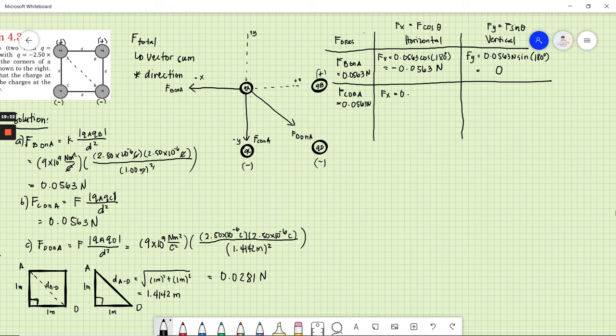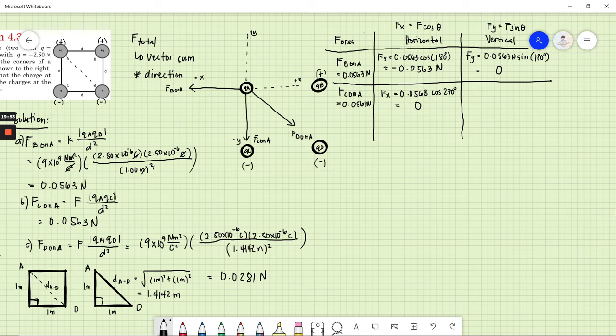If you look for cosine 270 degrees, that's actually 0. Cosine 270 degrees is equivalent to cosine 90 as well. That's 0. 0 multiplied by 0.0563 newtons, which is the magnitude of FC on A, will give you 0. And that makes sense because we don't have a direction in the x-axis.